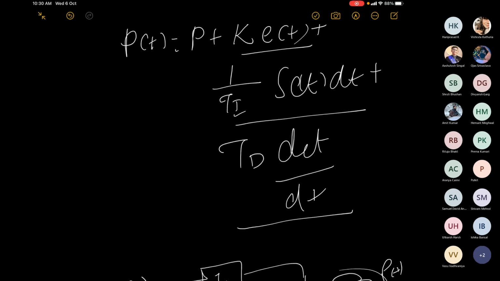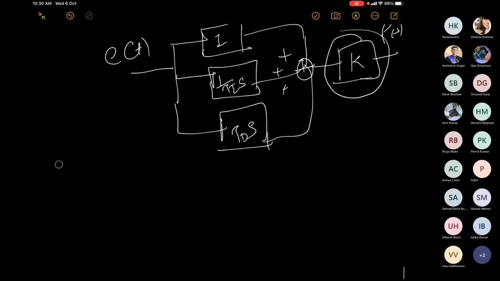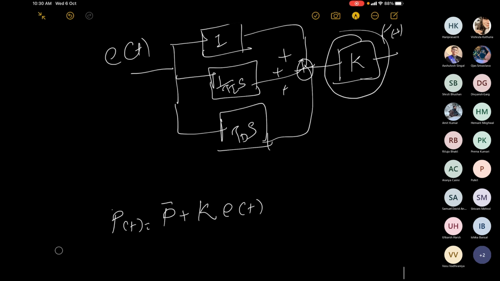So why are we doing this? If you look at this whole expression, P of t is equal to P bar plus K E of t plus 1 by tau I integral of E dt plus tau d times de by dt.